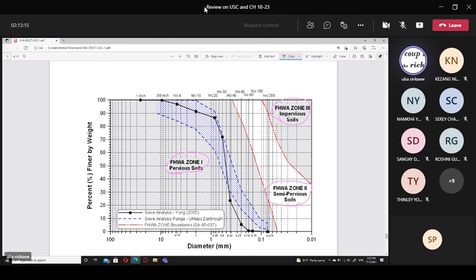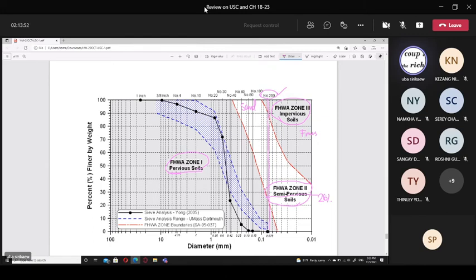Mostly, this part has sand. And if you consider the 200 sieve, they get maybe about 26% fines. So the thing you have to consider first is sieve number 200.